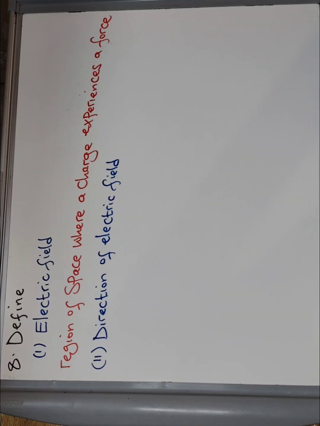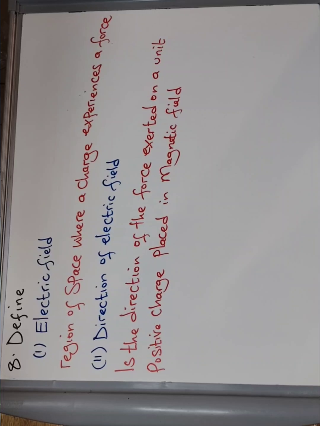So that's the direction of electric field. When you put a positive charge in electric field, the direction it takes is what we call direction of electric field. So we use the positive charge as the yardstick for the direction. So that is that.